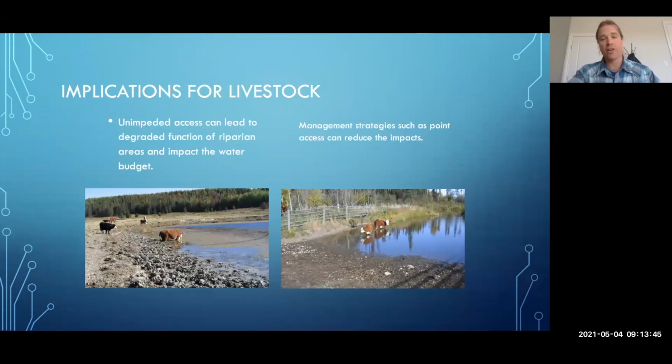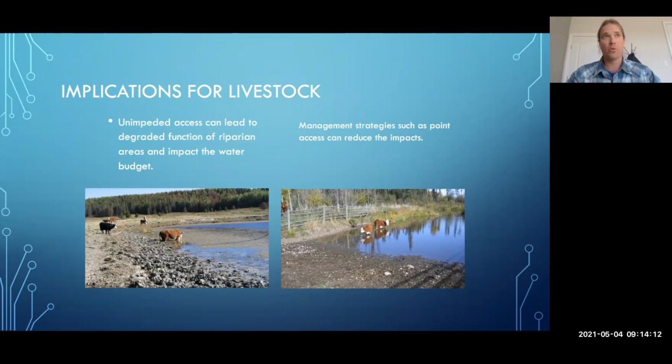Identifying that unimpeded access can lead to degraded function of riparian areas, and this can impact evaporation. If we reduce all the vegetation around a pond with our management decisions, we're going to increase evaporation. So it's not just the water that the livestock are drinking, but it's unimpeded access that can also increase evaporation, creating a situation where more evaporation is happening than if there was a healthy plant community around that riparian zone.